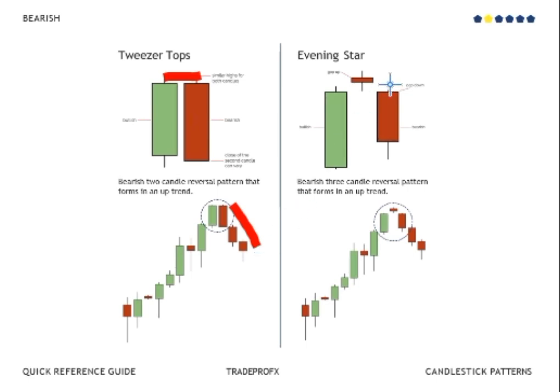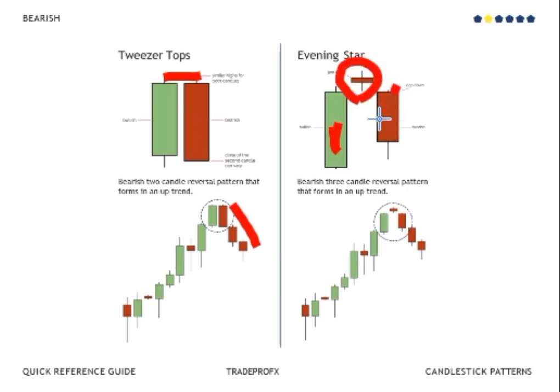We have now the evening star. This evening star represents 3 candlesticks. When you see number 1, this candlestick, number 2, this candlestick, and number 3, this candlestick. It is a 3 candlestick pattern that starts with a strong bullish candlestick, followed by a small indecisive candlestick which resembles the shape of a star.